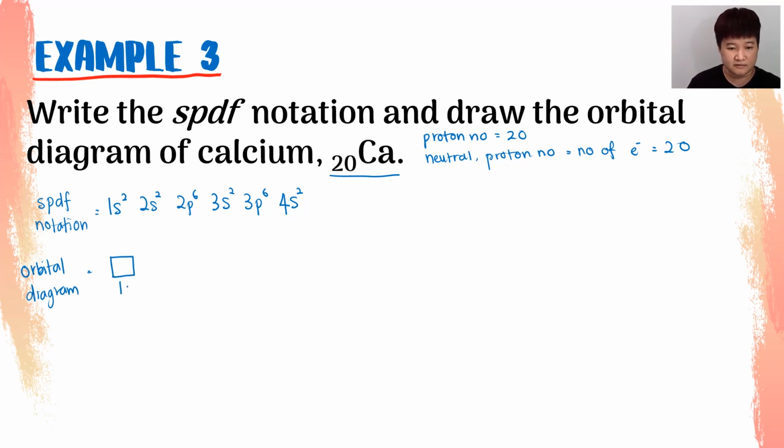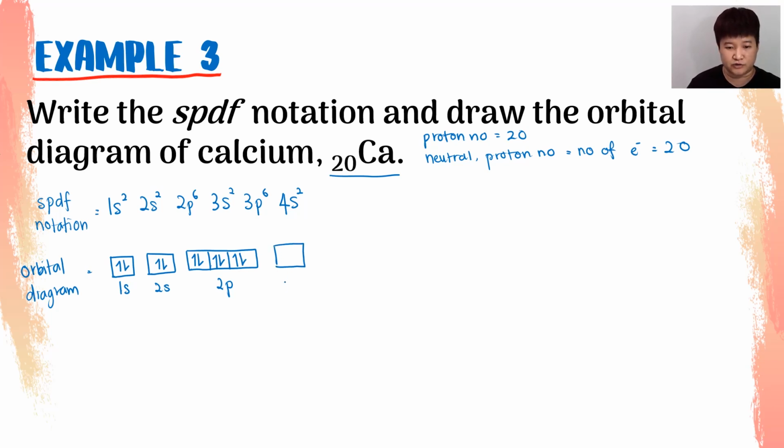1s labeled with 2 electrons, 2s labeled with 2 electrons, 2p with 6 electrons. Make sure you label 1, 2, 3, 4, 5, 6. Make sure they are all singly first.